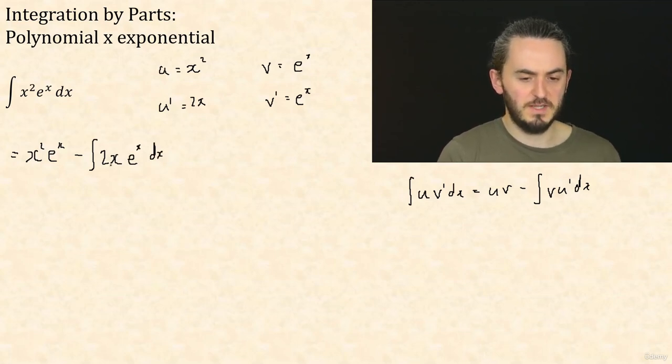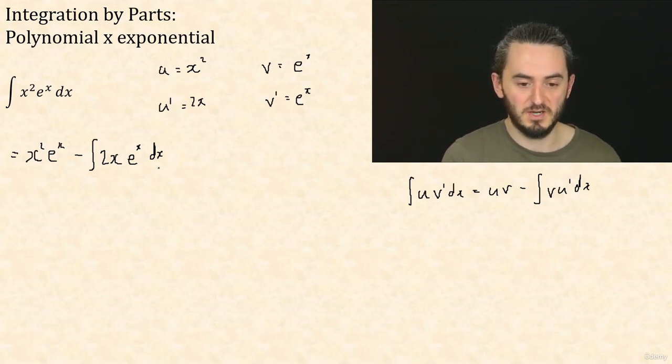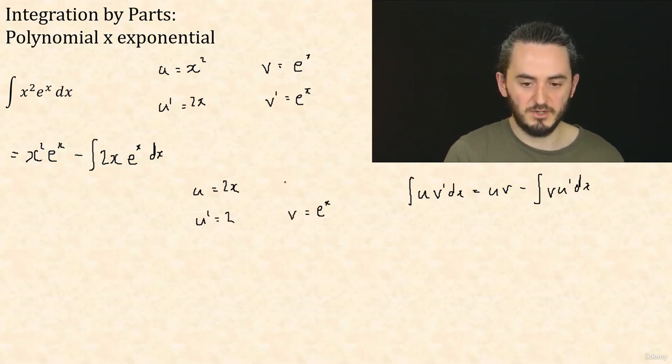Well, I've got the integral of 2x e to the x to work out. Well, that's just another round of integration by parts. So what do I do? Well, I set u to be the polynomial bit. U dash is therefore 2. I set v dash to be the exponential part, and v is e to the x. So away we go.